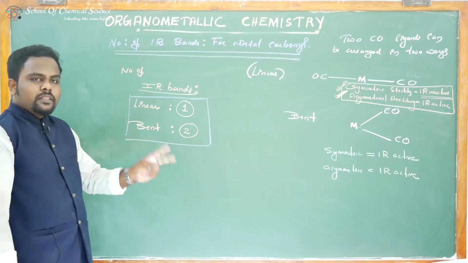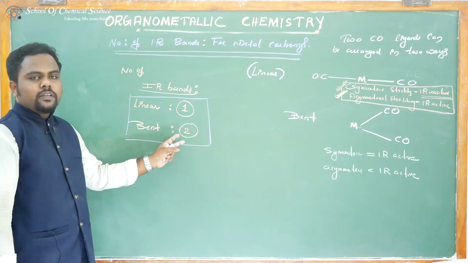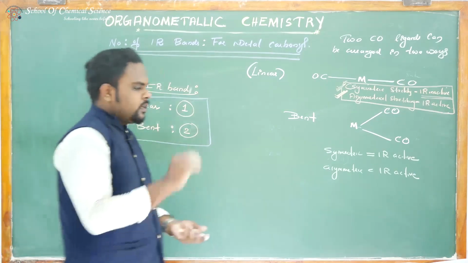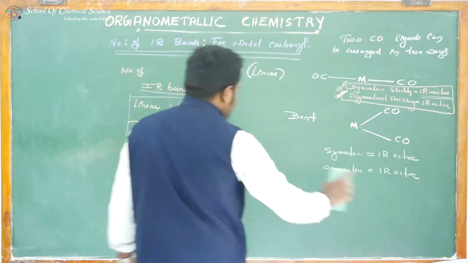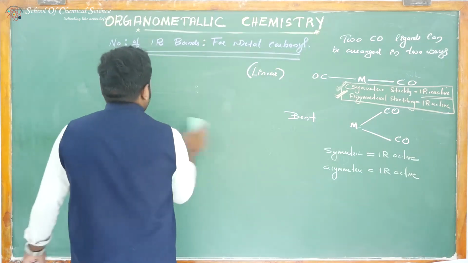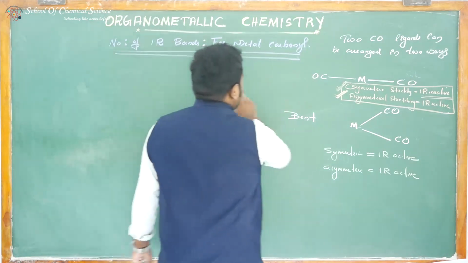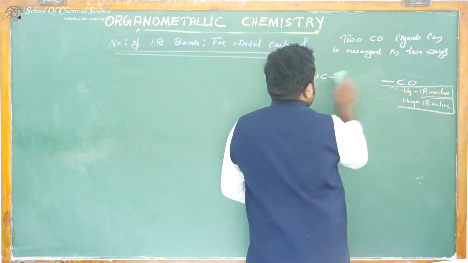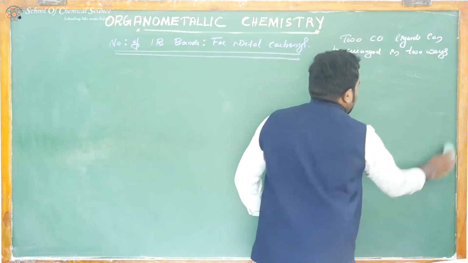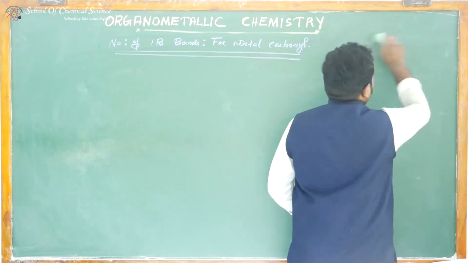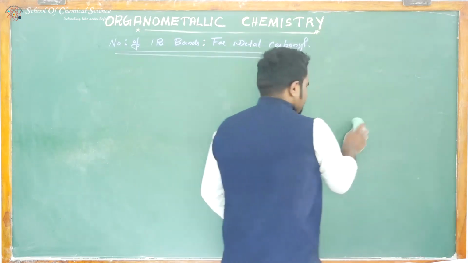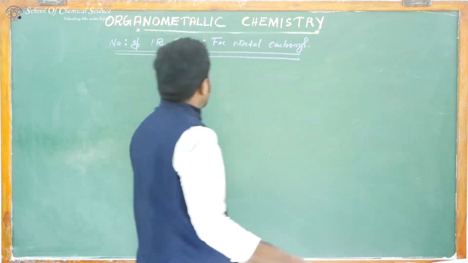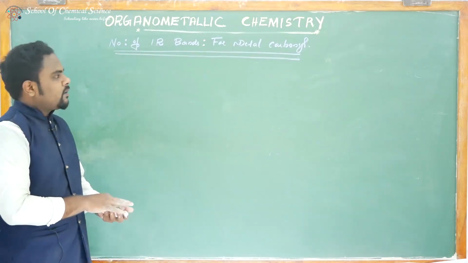For bent, symmetrical as well as asymmetrical are active, so bent has 2 IR bands. For linear, number of IR bands equals 1. For bent, number of IR bands equals 2. Then we can start our section, number of IR bands for metal carbonyl.